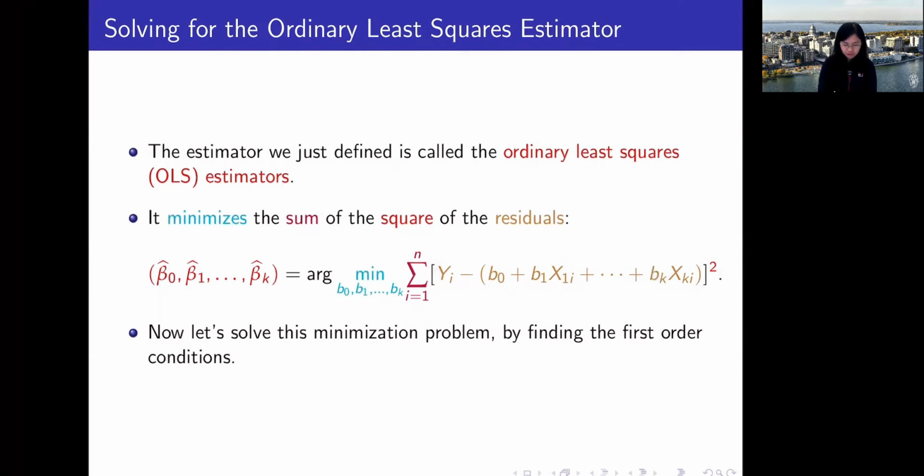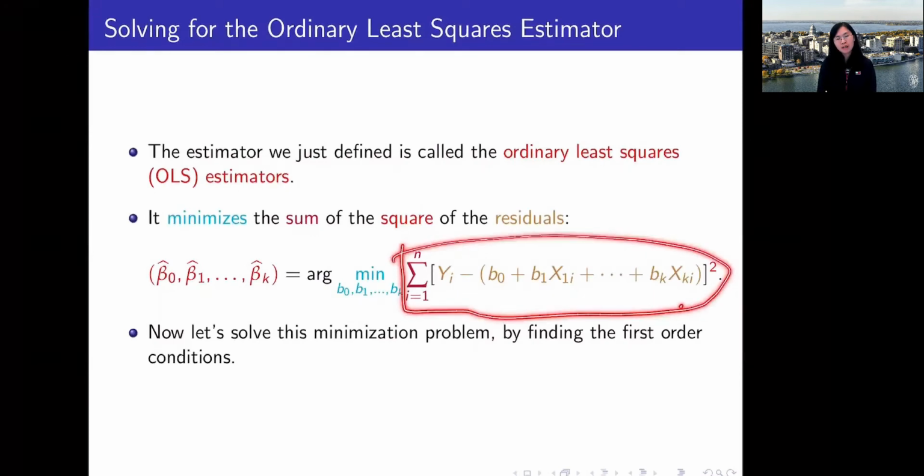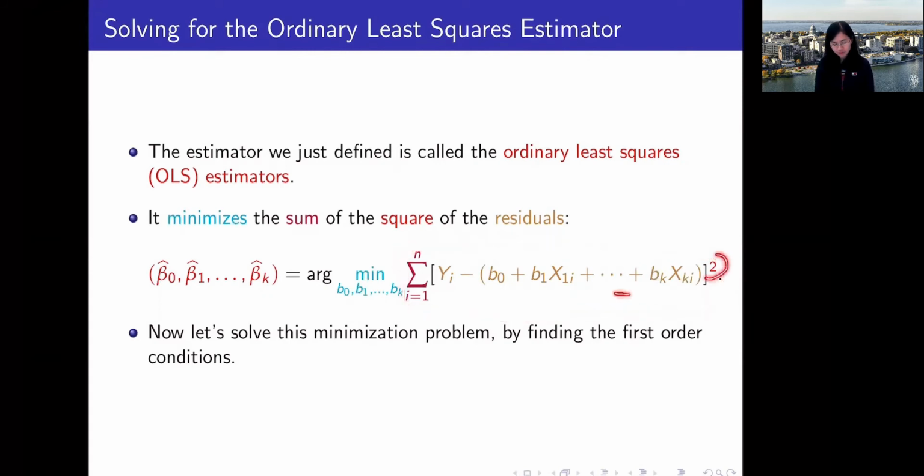To solve this, we look at this criterion function we're trying to minimize. This function is a convex function because the quadratic function is a convex function. So a convex function looks like this. And also, it is differentiable because it's a square function.